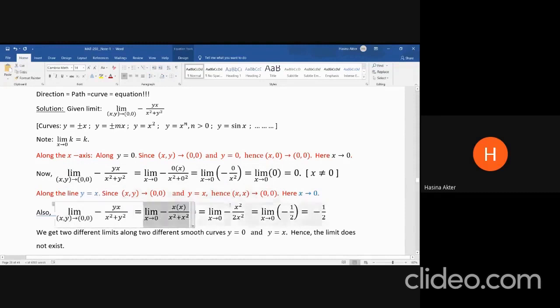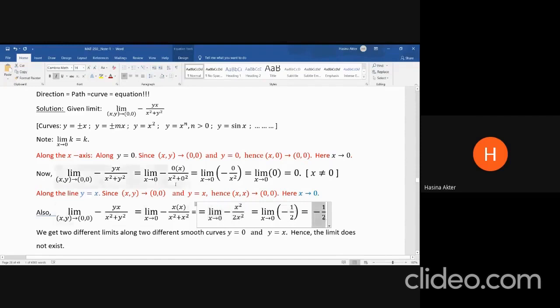If you do the simplification, notice that we have another constant limit, which is -1/2, because x does not equal 0, class. Since x does not equal 0, x squared does not equal 0, and hence x squared by x squared is 1. So we have -1/2, the limit of a constant is constant.